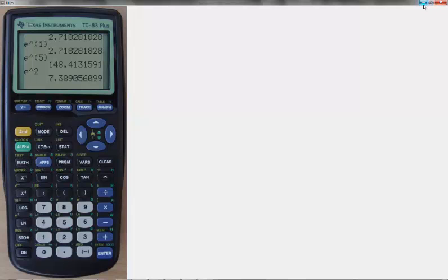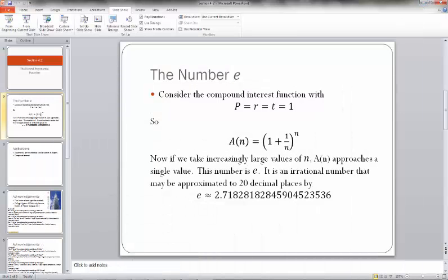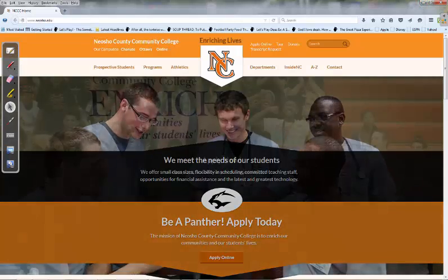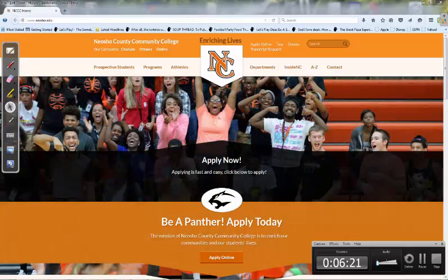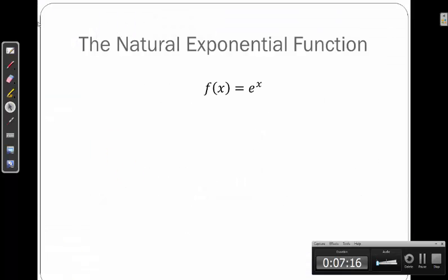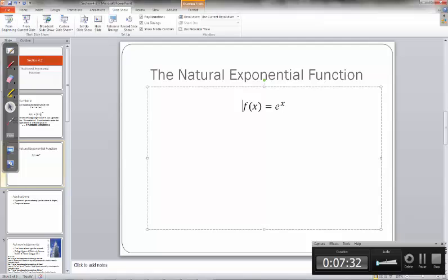Alright. So what are we going to do with e? I might as well graph it really fast. Actually, graphing e wouldn't be that interesting, but graphing the exponential function with base e would be. So this is the natural exponential function, just e to the x. It's not significantly different than any of the other exponential functions, like 2 to the x or 3 to the x. It still has the same basic shape.